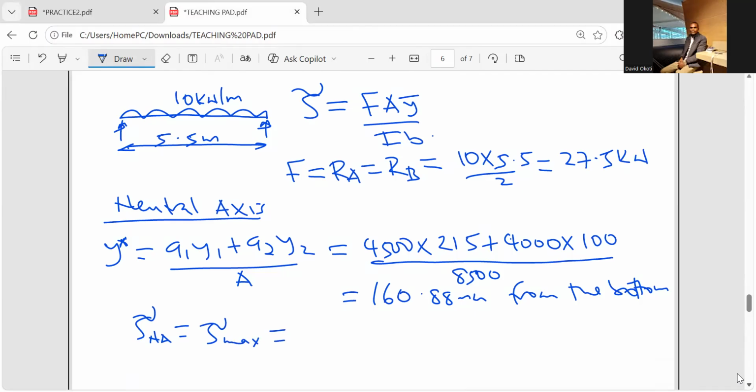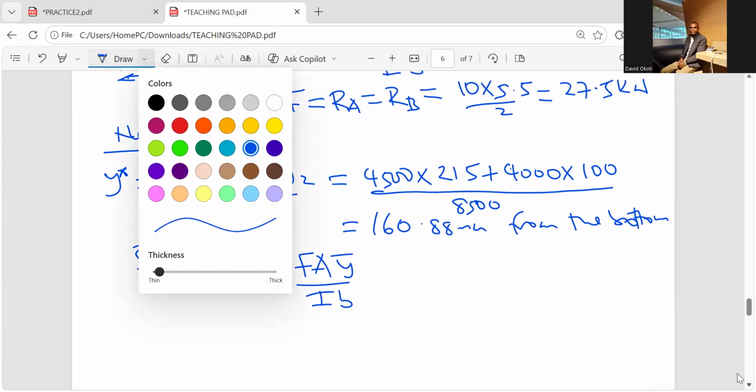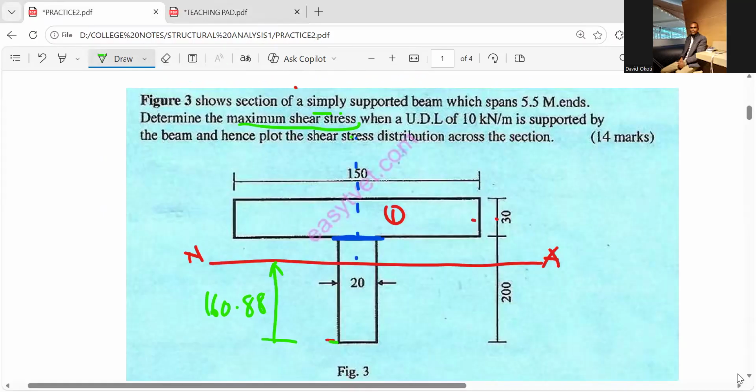But remember, it is F A y bar divided by I B. Now let's start. What you have to be keen enough about is that at the neutral axis, I have two areas: that part of the web above the neutral axis and the flange.